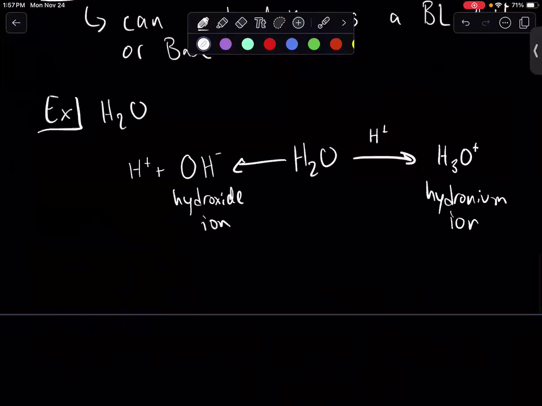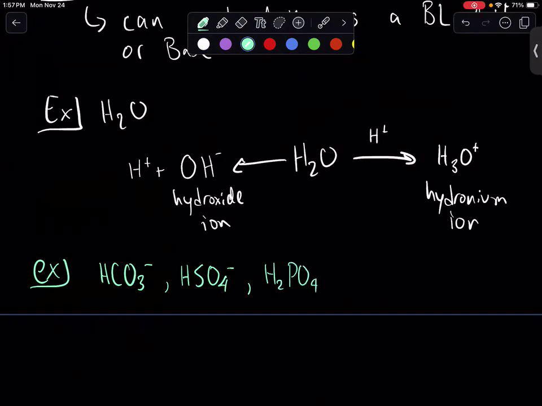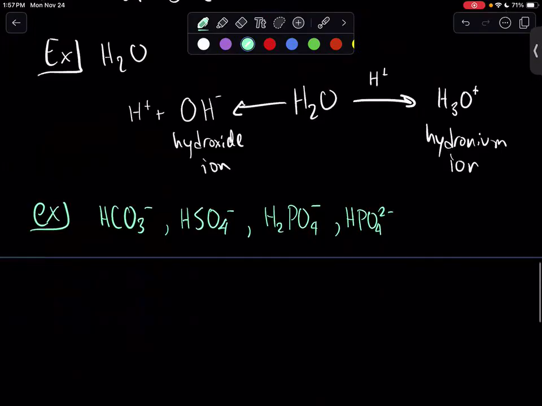Other very common examples of these amphiprotic species are going to be hydrogen carbonate, HCO3 minus, hydrogen sulfate, HSO4 minus. We could have H2PO4 minus, or even HPO4, not 3 minus, 2 minus. The very similar thing that you can find out about all of these species is that it must be able to both accept or donate a hydrogen.